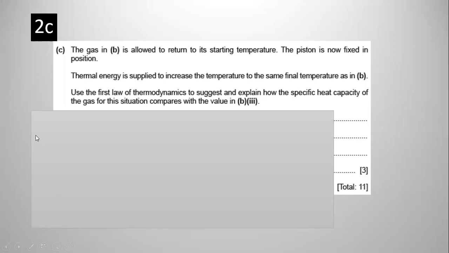You want to try? Yeah, let me open. No work is done by the gas since there is no volume change.